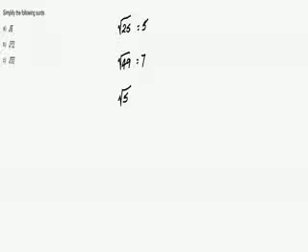Now, if we look at simple surd arithmetic, if I've got 3 root 2's and I add another 2 root 2's, then I've got 5 root 2's. It really is that simple.